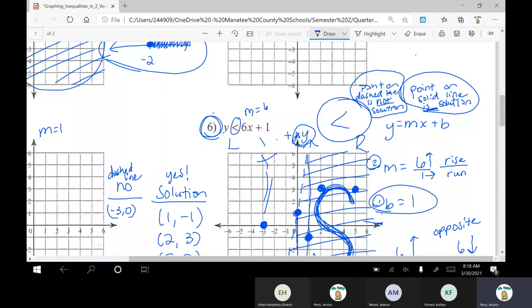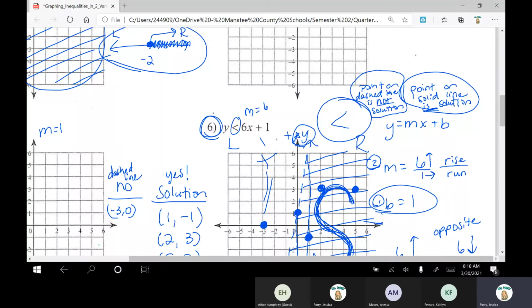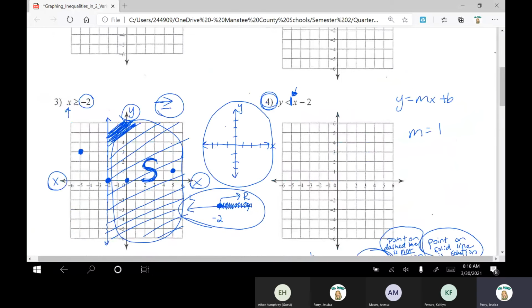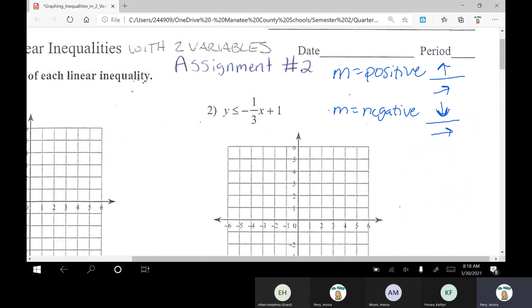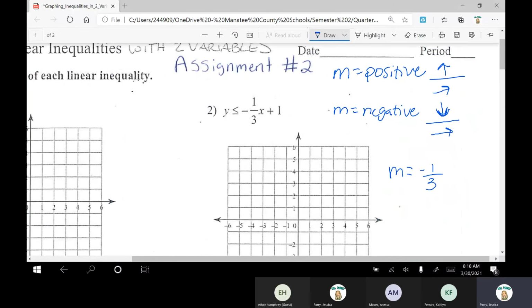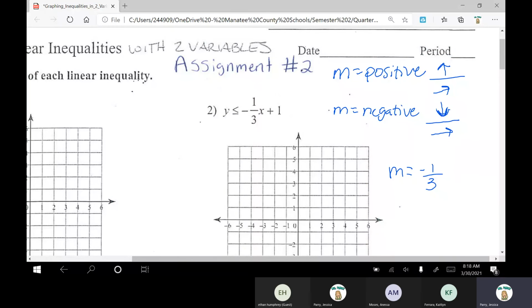We actually want it to be a fraction, so we had to make it a fraction by putting it over the invisible 1, right? So it's actually better when it's already a fraction like number 2, because you can just write out M equals the negative 1 over 3, okay? It's already a fraction. You don't have to turn it into a fraction.